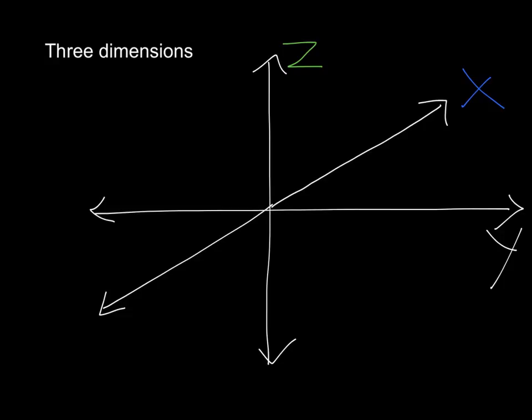And in a similar way to the 2-dimensional case, we might well have a point in 3-dimensional space called P. And to talk about the coordinate of P, we have to figure out how far along the x-axis we've gone.